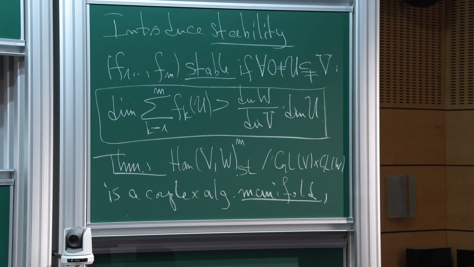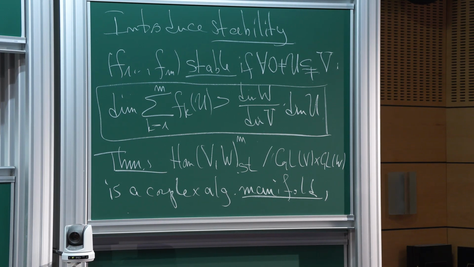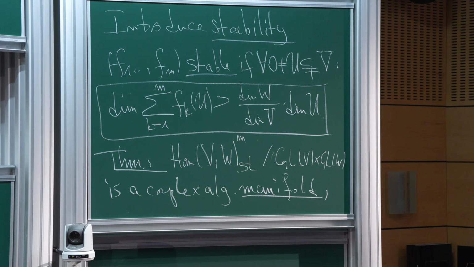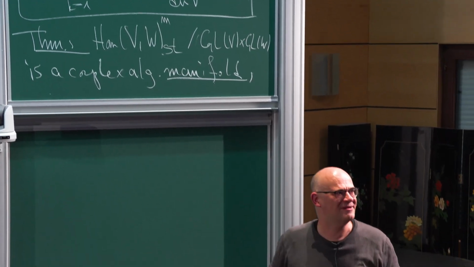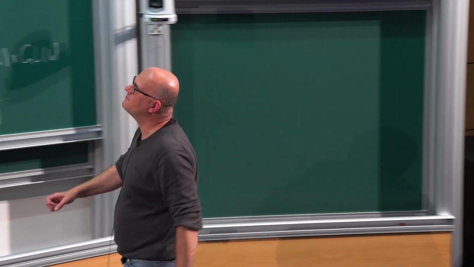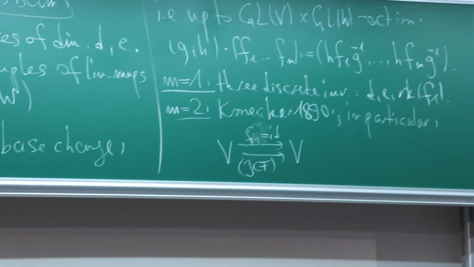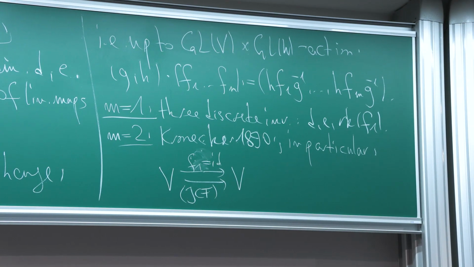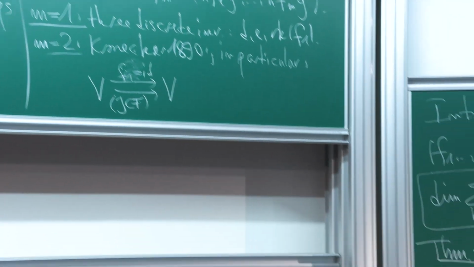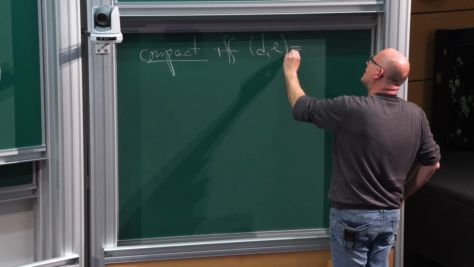For the topological considerations, which I will do in a minute, I would prefer this manifold to be compact, because compact manifolds have a nice cohomological theory. They're not compact in general. They are compact if and only if, now that's a funny numerical condition, D and E are coprime.